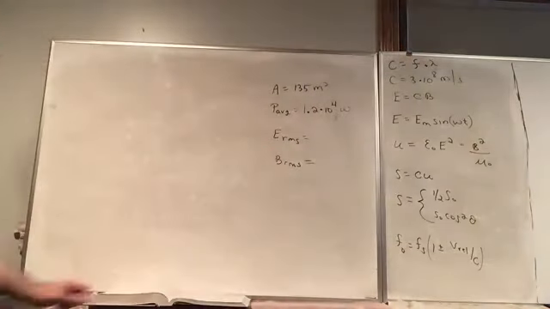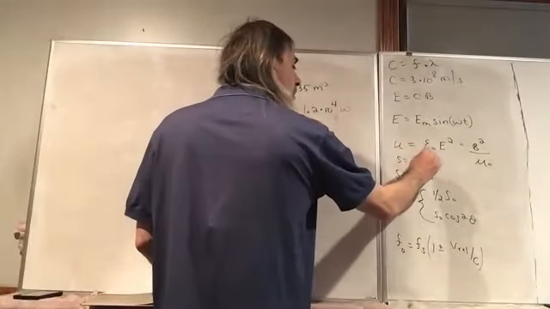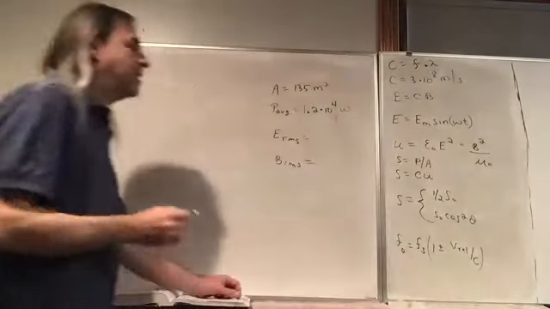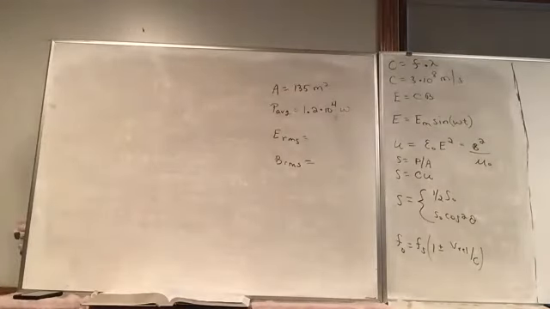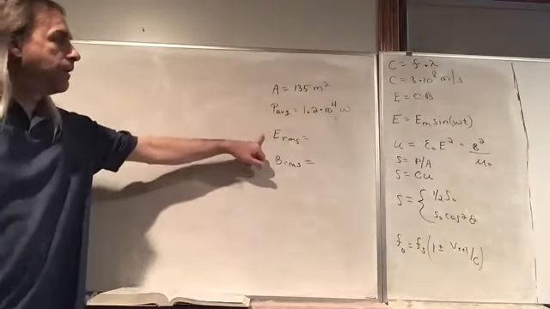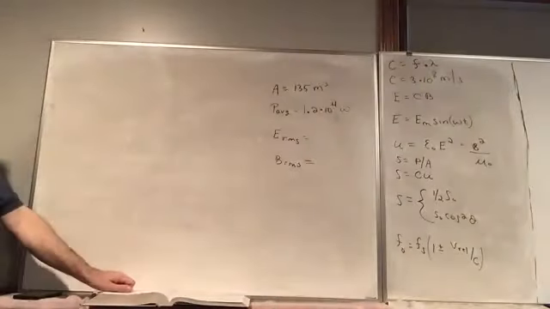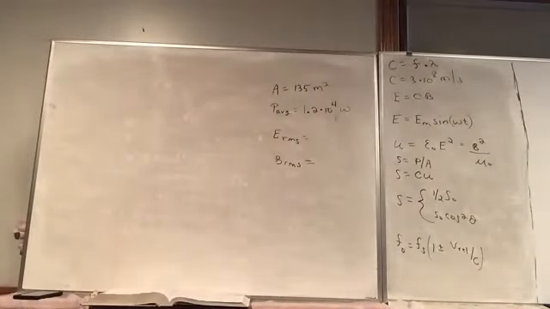Okay, so one equation I didn't write down. Intensity is power over area. And yeah, we have to put a few things together here. But again, if we can find, say, the electric field, then we know the magnetic field, just multiply by the speed of light. So let's just focus on finding the electric field.